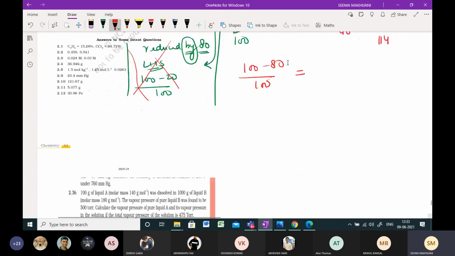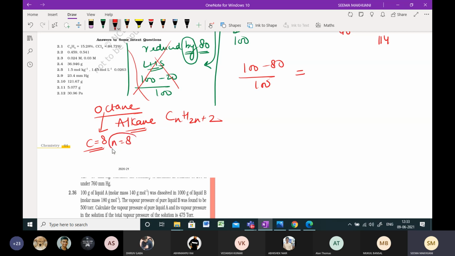So for your information, I just quickly let you know what an octane is. Octane is an alkane. Alkanes have a general formula CnH2n plus 2. Oct का मतलब carbon number is equal to 8. That means n is equal to 8. That is just a recap of alkanes from class 10 to class 11, now to class 12.